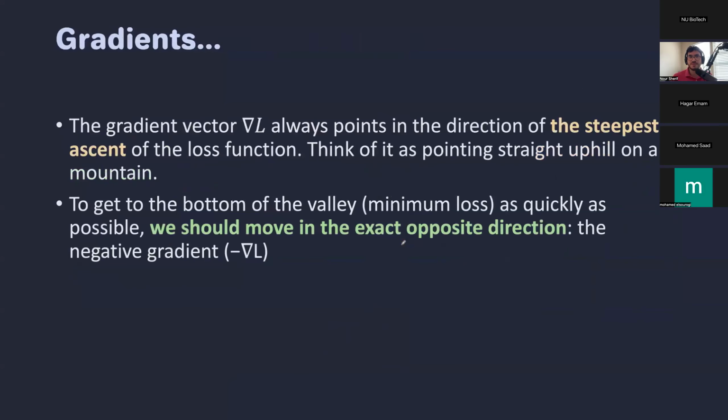And this is exactly how gradients are used in training networks. So we want to get to the bottom of the loss, or think of it like the bottom of the valley. You will find this if you read any deep learning textbook.